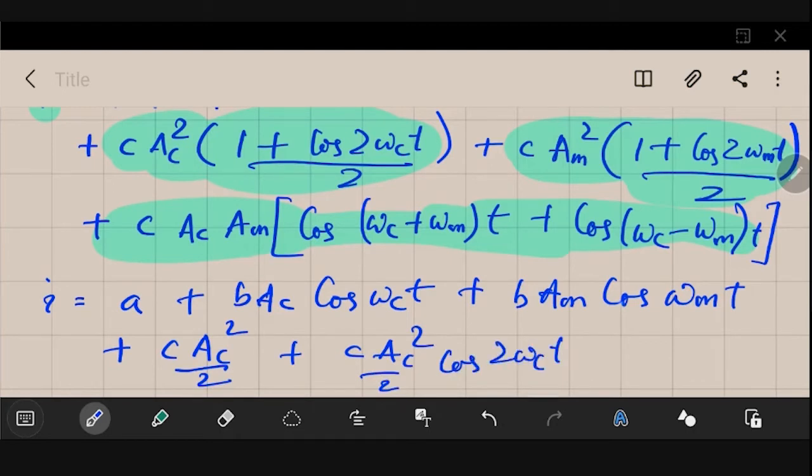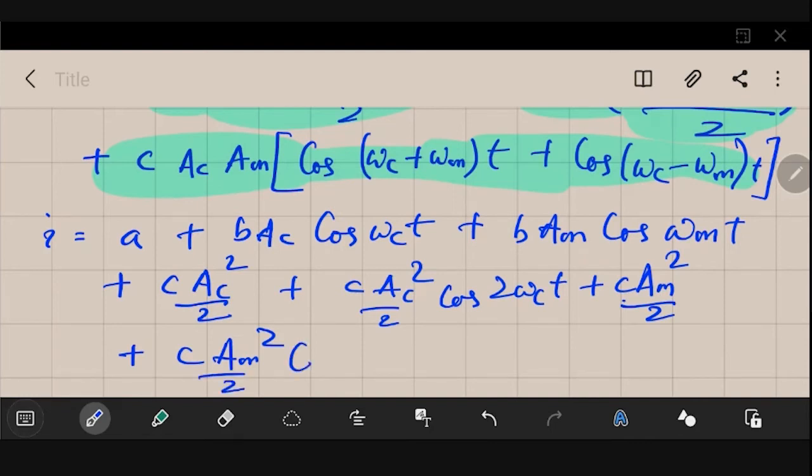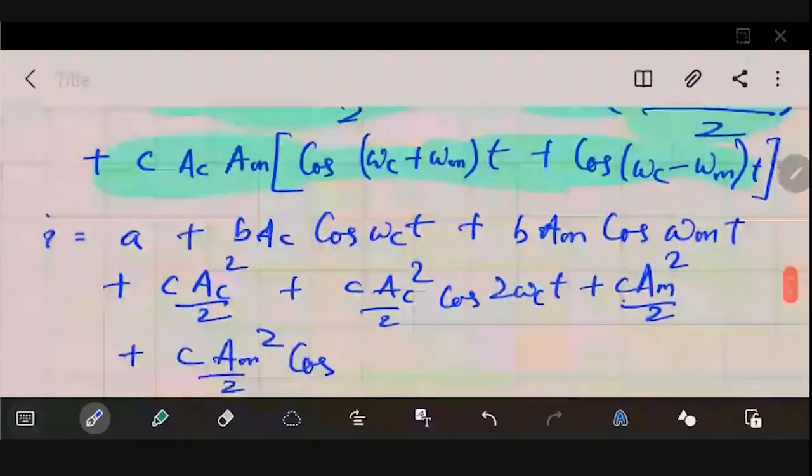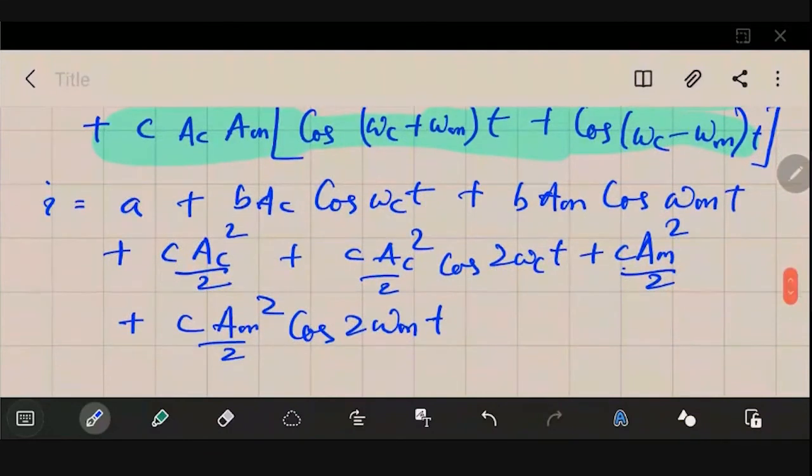Then the next term, let me multiply it, I will get CAM square by 2, and similarly the next term will be again CAM square by 2 cos 2 omega mt. And then I have to also multiply the other terms, CACAM.